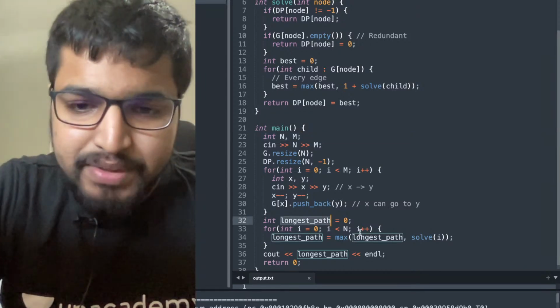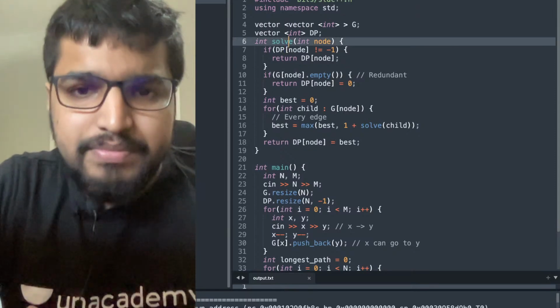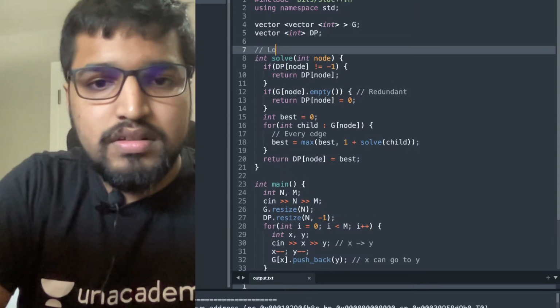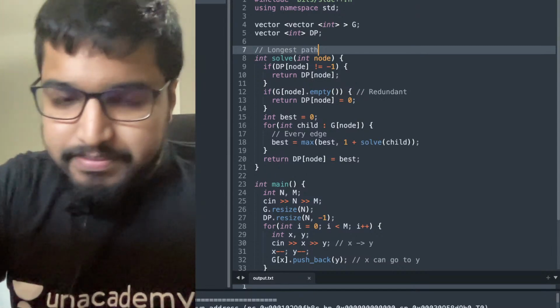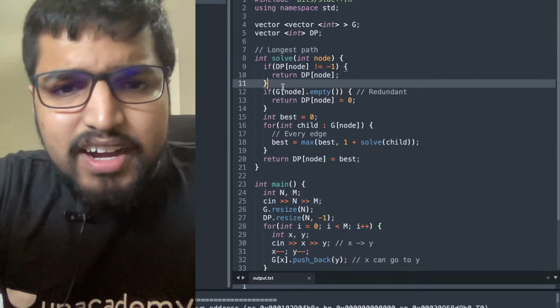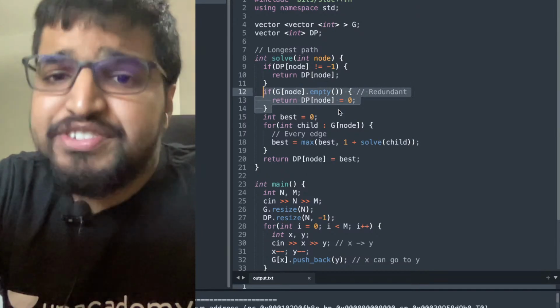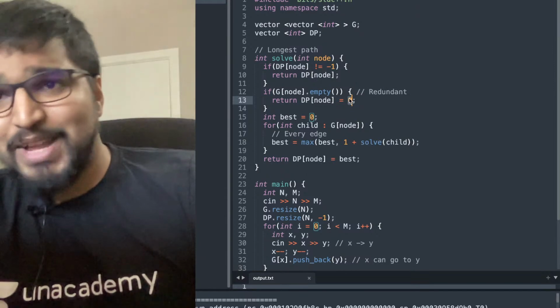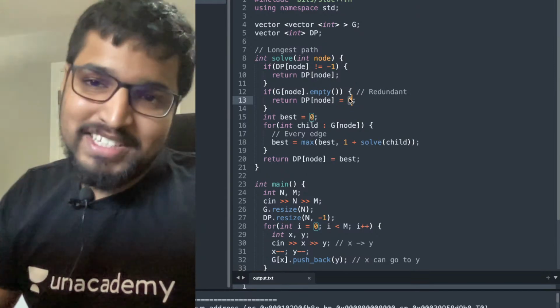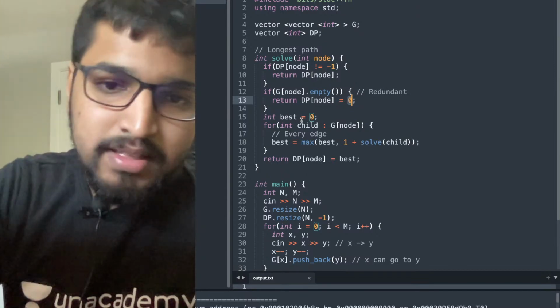Now, what does solve(i) represent? This computes the longest path. Now, if I have no nodes underneath me, then just return 0, because I can't go anywhere, meaning the longest path starting from my node is 0.